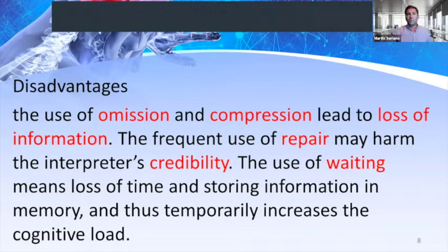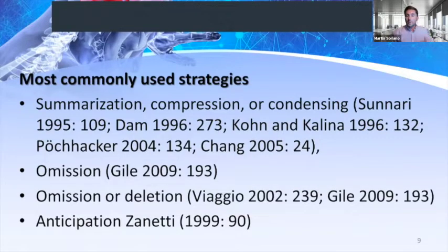Right now, we're going to see some of the most commonly used strategies in simultaneous, okay? For example, here there's a list of the most commonly used strategies. We have summarization, compression, condensing, okay, the same. Omission can be used to deal with fast delivery and redundancy in both consecutive and simultaneous.